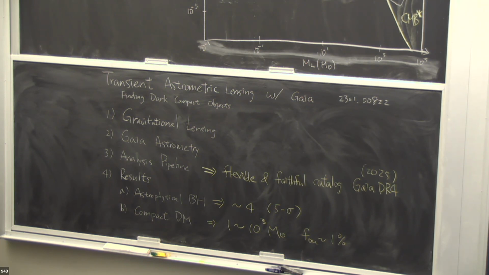So the brightness or magnification is also another function of u, and the parametric dependence is 1 over u here.